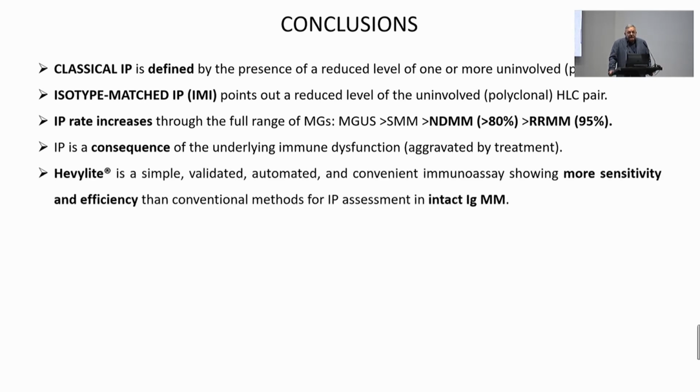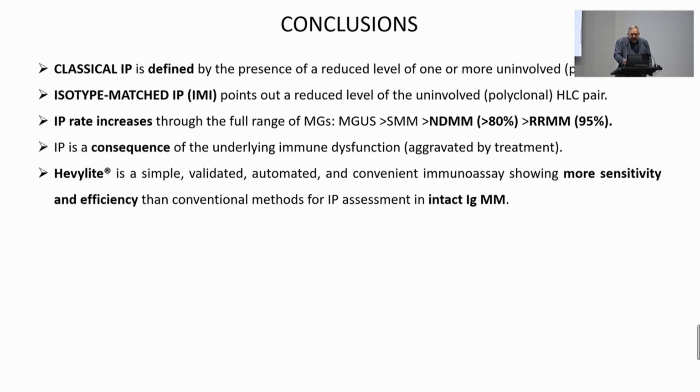Hevylite is a simple, validated, automated, and convenient immunoassay showing more sensitivity and efficiency than conventional methods for the assessment of immunoparesis in patients with intact immunoglobulin multiple myeloma.